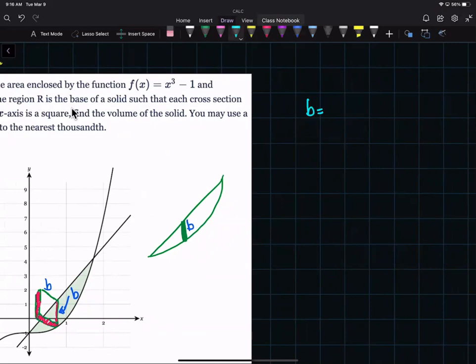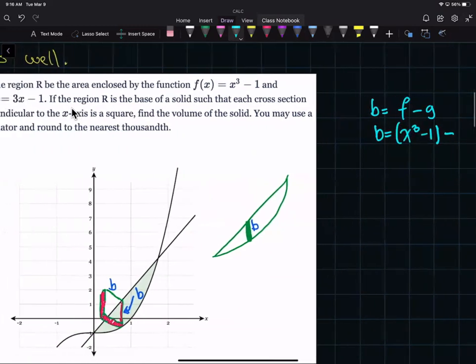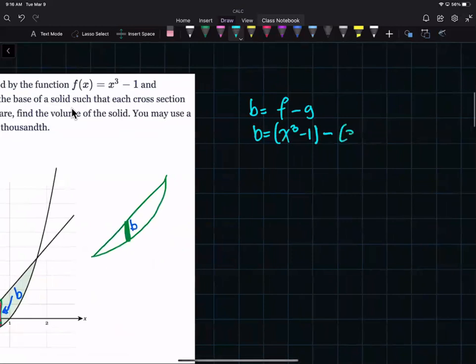So remember, it's the top one minus the small one. So you can put something like f minus g. B is equal to x cubed minus 1, and then close parentheses, and then minus 3x minus 1. Okay, this is important. Always put them in parentheses. Please, always put them in parentheses.